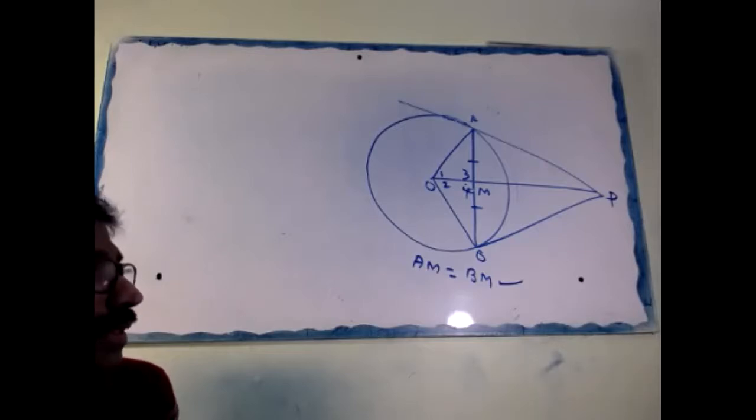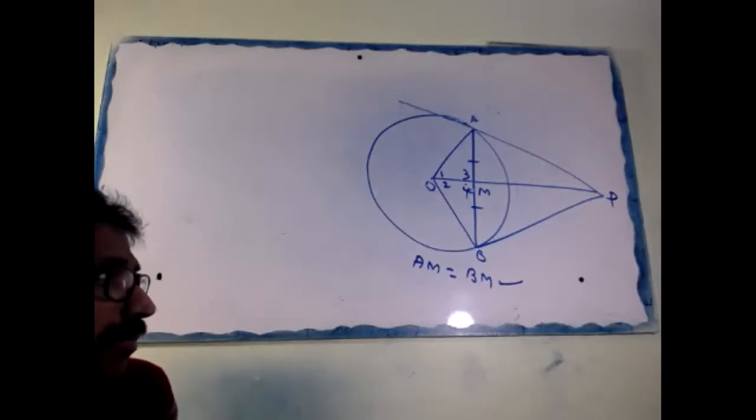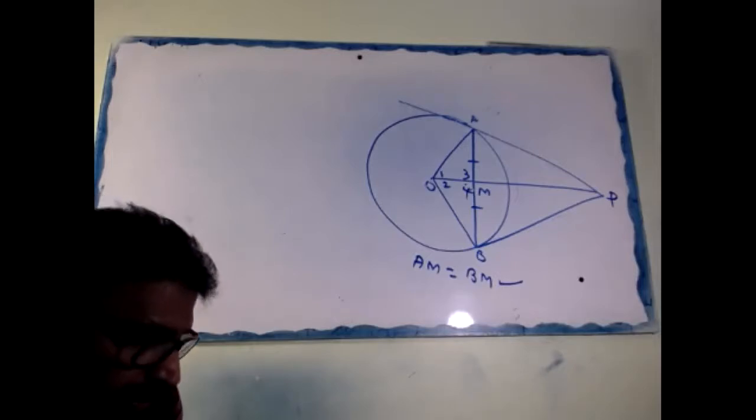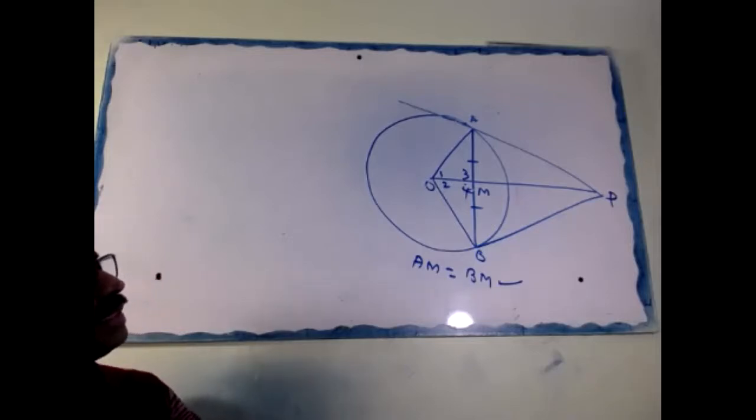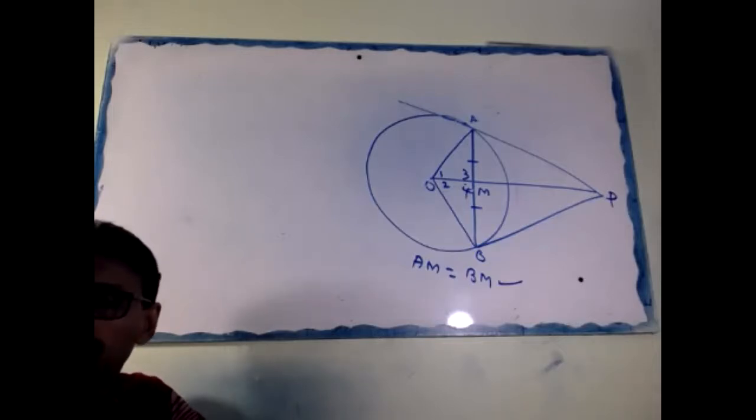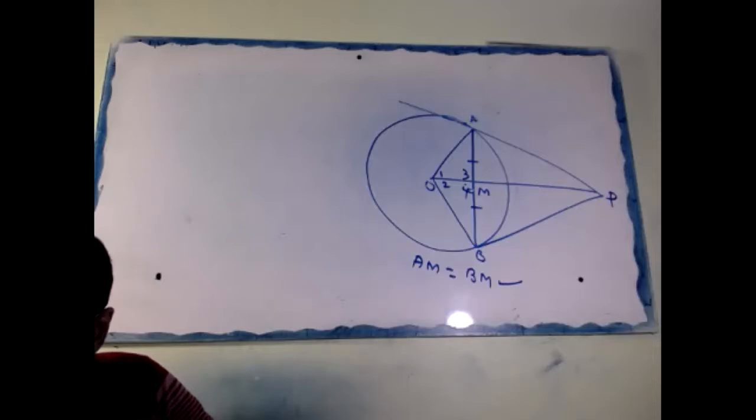After that, in triangle OAM and OBM, OA equals OB, same radius. Angle 1 equals angle 2, proved. OM equals OM, common.